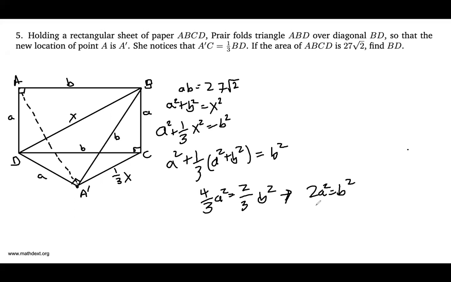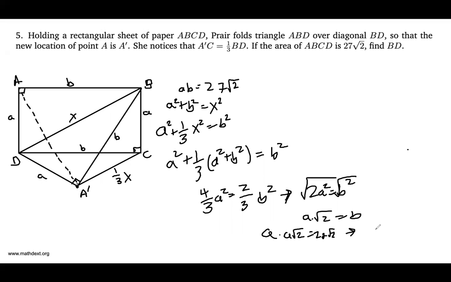You also have AB equals 27 root 2. A and B are lengths, so you could take the square root of both sides to get A times the square root of 2 equals B, and we can plug that back into AB equals 27 root 2, and we get that A times A root 2 equals 27 root 2.